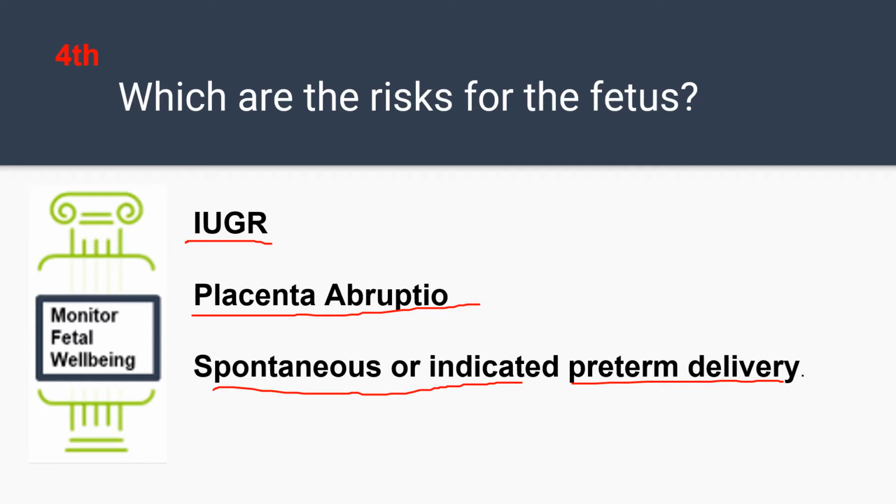So in this situation, we need to be prepared for neonatal resuscitation, and also prepare to have a hospital with an NICU that has the facilities to treat these patients. Also try to perform lung maturation with steroids as long as we can, in order to also save the fetus.